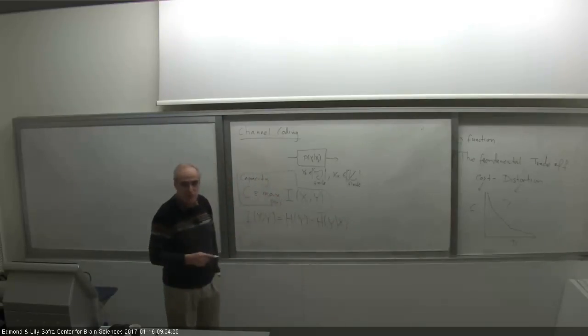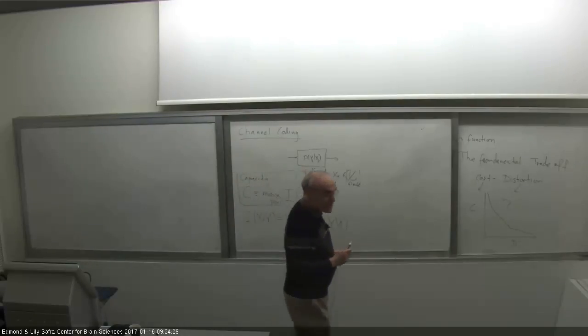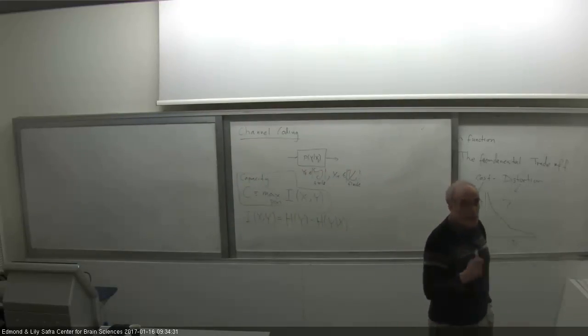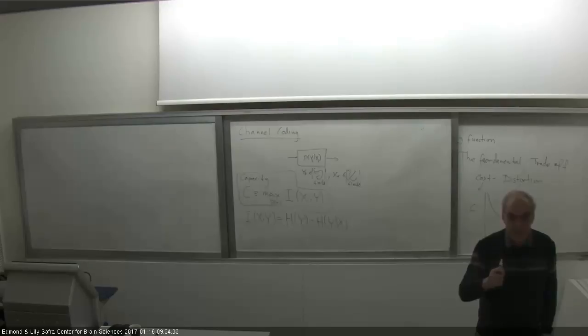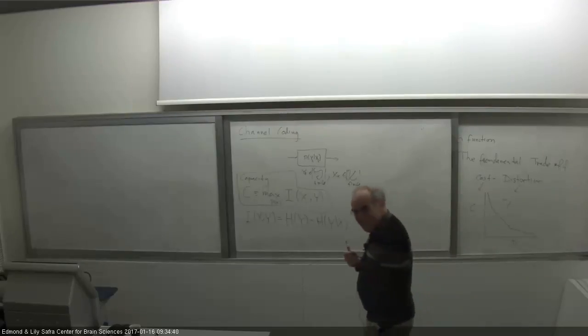You know that there are many ways of writing the mutual information. This is the one we need here. The only thing that is going to determine how many bits per second I can transmit through the channel without errors is this.